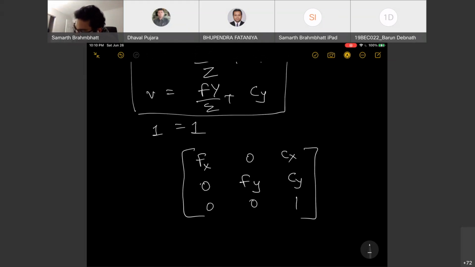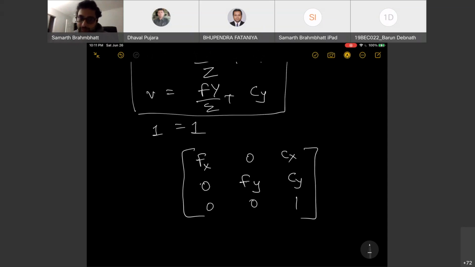So previously we just had the same f value on both the x and y axis, but now we are giving it freedom to have different focal lengths along the x axis and y axis. Because actual physical cameras, when you manufacture them, the sensor of the camera is not square, but actually rectangular.